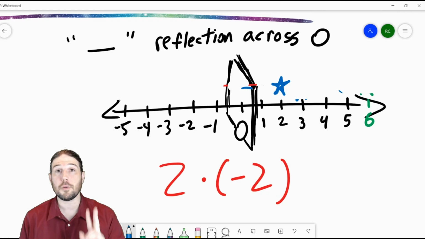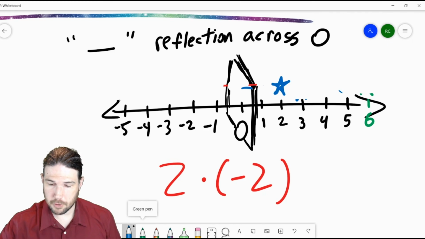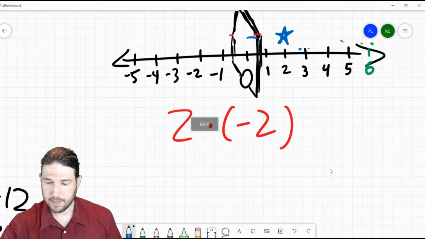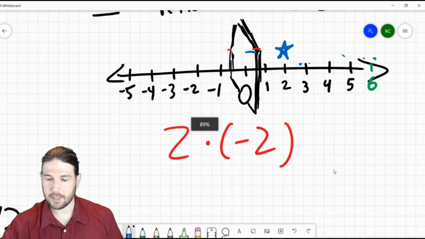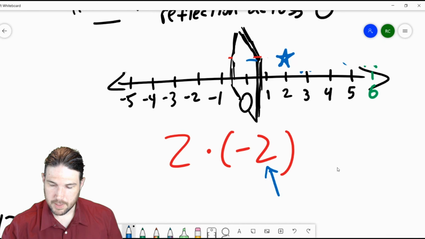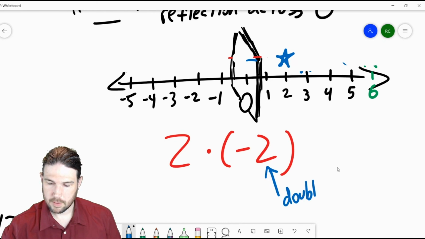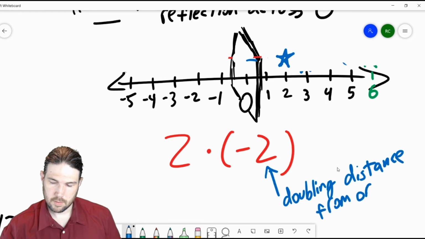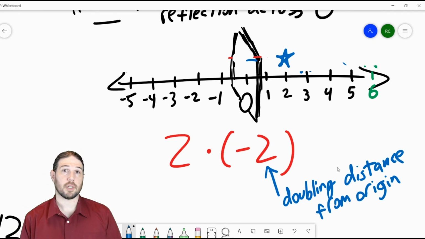Now there are 2 things happening here. Okay, this -2 that we're multiplying by, that's doing 2 things. The 2 is doubling the distance from the origin, right?